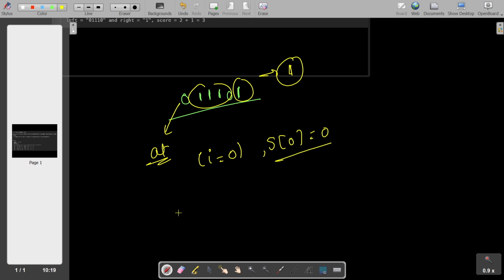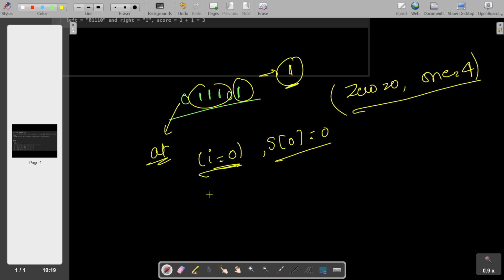So the zero count is 0 and the ones count is 4. In the left substring we have 0 elements counted, and the right has the 1 elements.